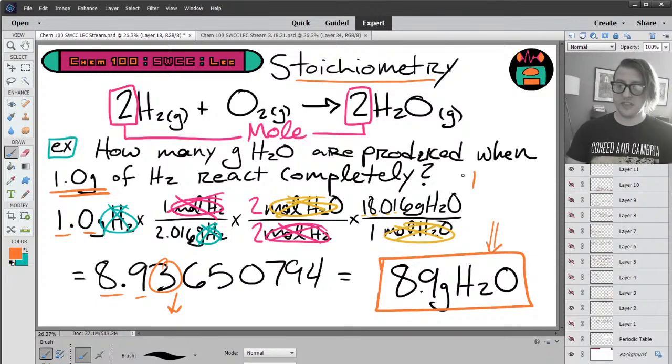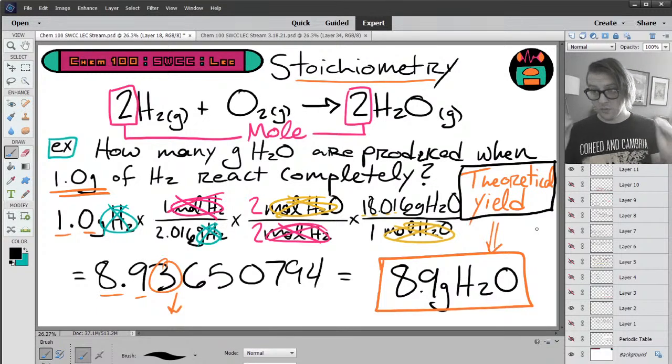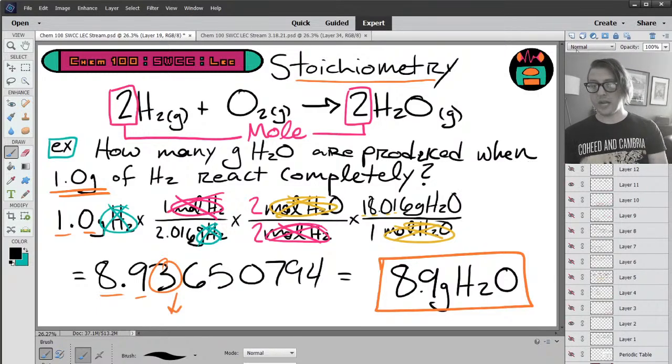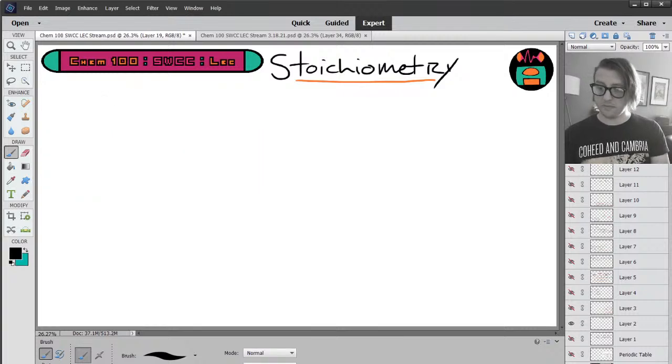This is called our theoretical yield. So a yield is the amount produced, and this is the theoretical yield of water based on 1 gram of H2. With that piece of vocabulary under our belt, we can move on to solve the next problem.